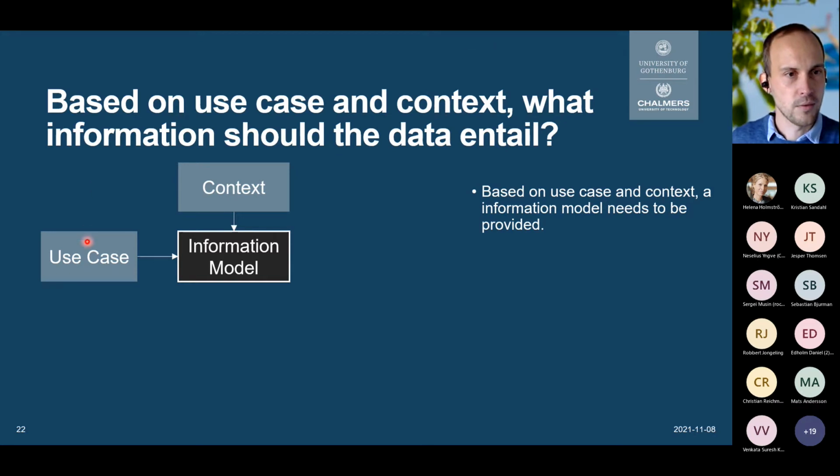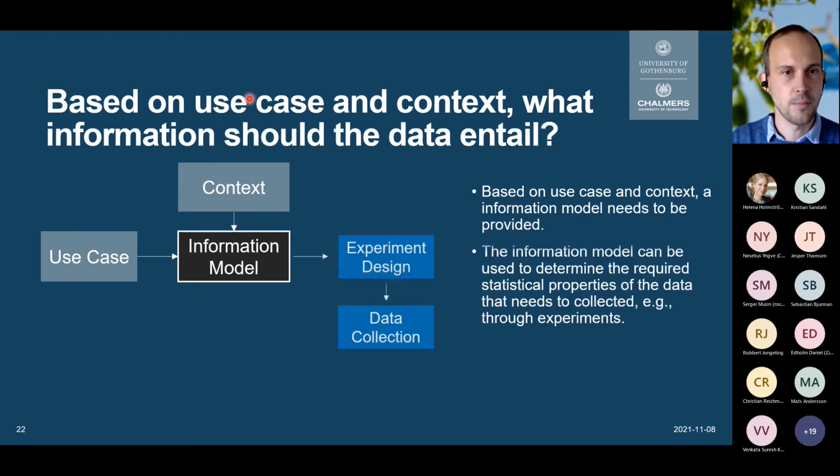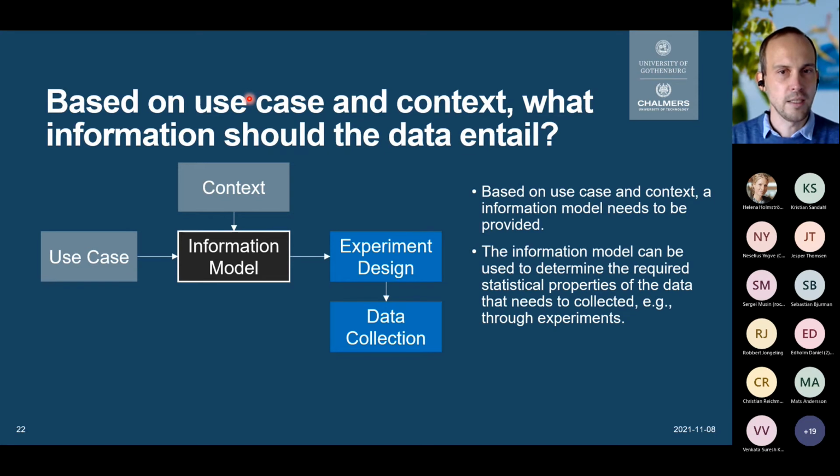What we need is, based on the use case that we have for our machine learning system or any system that uses AI, and based on the context in which we want to use it, to develop an information model. Based on this information model, we can determine required statistical properties of data that need to be collected, for example through experiments or driving campaigns for collecting data on the road.